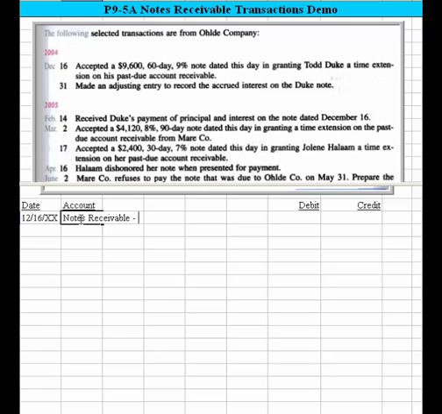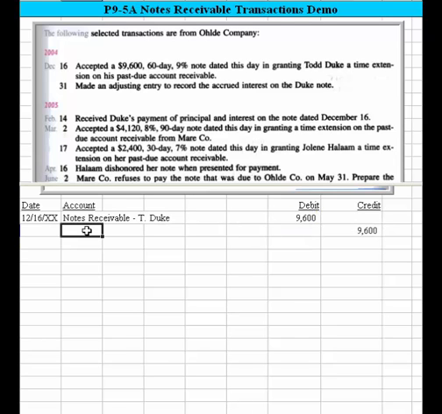Well, we are recording a notes receivable, and it would be related to T. Duke. So if we have a subsidiary ledger for notes receivable, we'd also record it specifically to Todd Duke, and the dollar amount is the $9,600, right? Once we have that, we know the debit and credit.